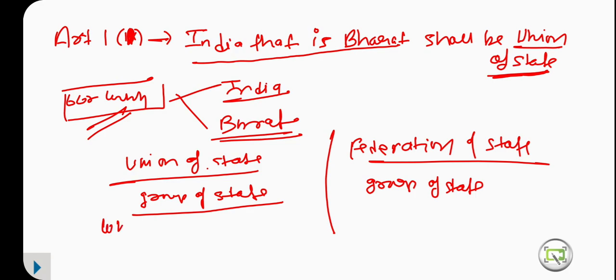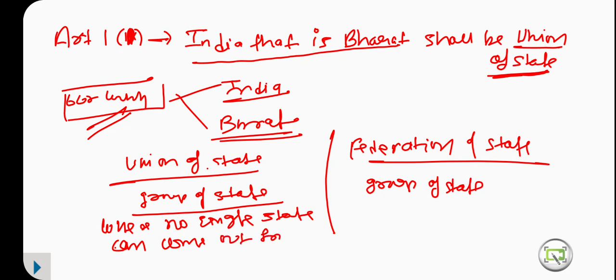And Federation of States is also a group of states. Then what is the difference between them? In the case of Union of States, the different states come together and form the group, and they make the agreement that we will never come out from this group. So that is the Union of States.